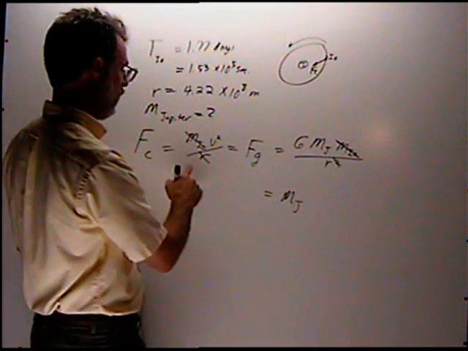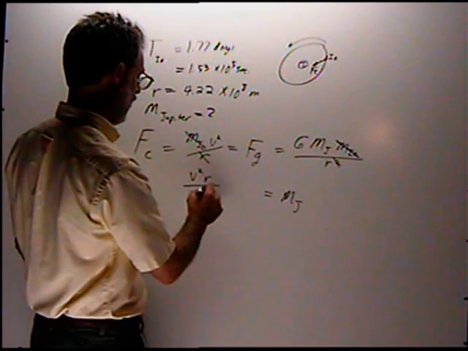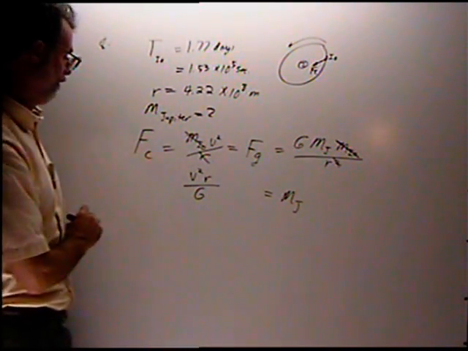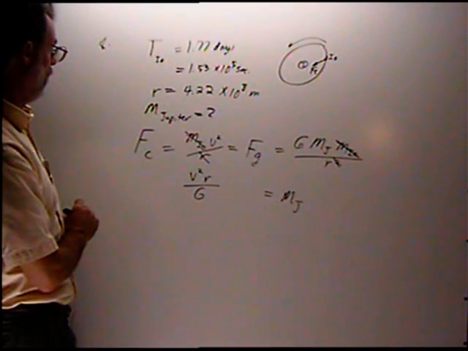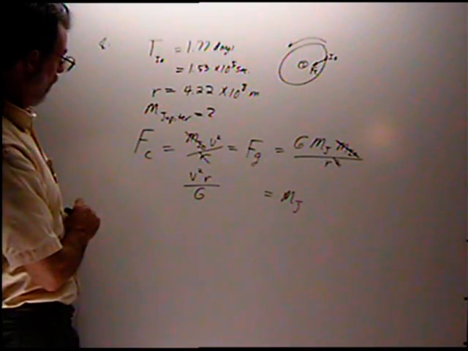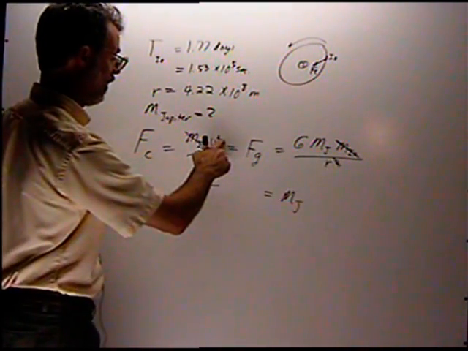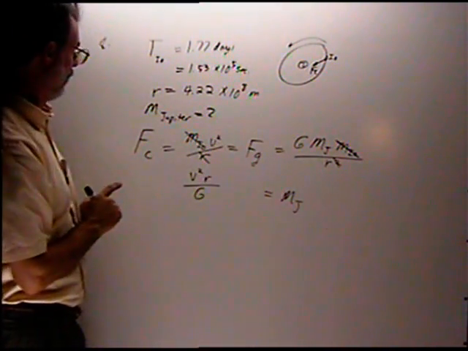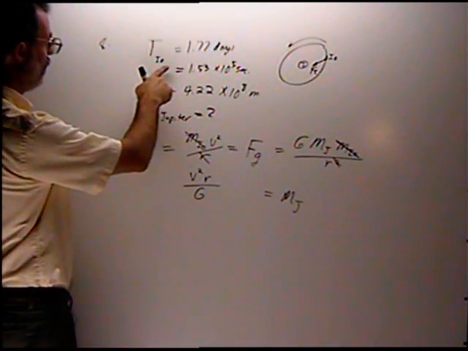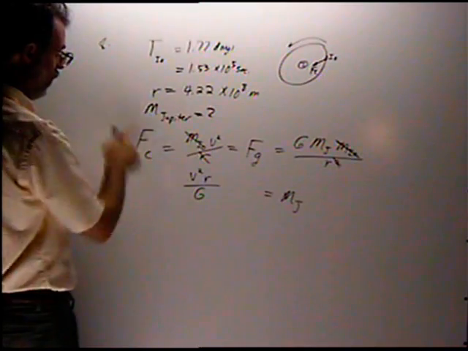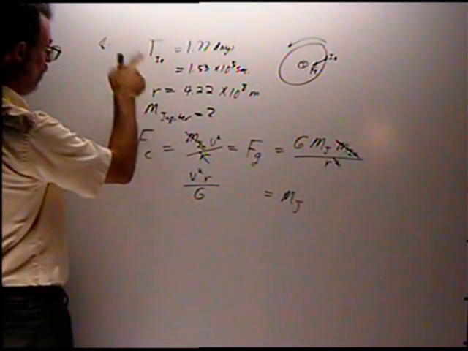So we will get v squared times r divided by G. That's right. We multiply by r and divide by G. But what we have here is the period. We have the radius, we don't have the velocity, but we have the period.